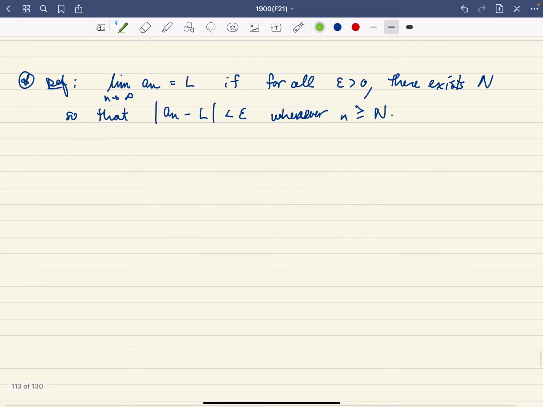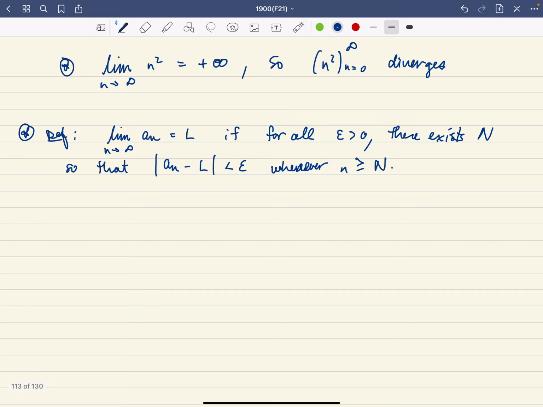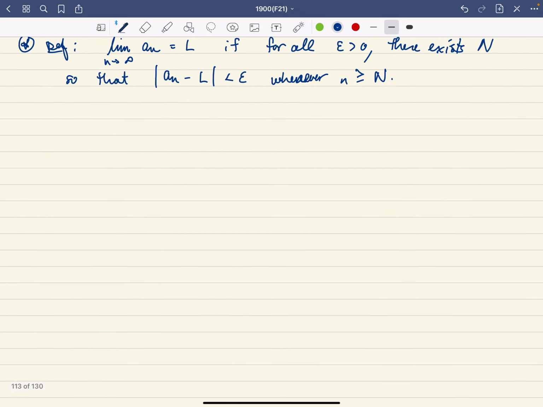Now, I think it's worth talking about the difference between the limit of a sequence and the limit of a function. The example I always like to think of is the limit as x goes to infinity. We use x when we're talking about real numbers and n when we're talking about integers.